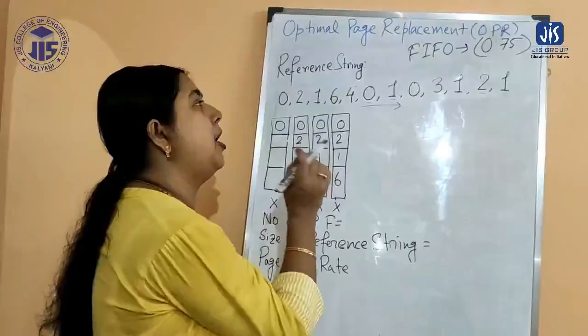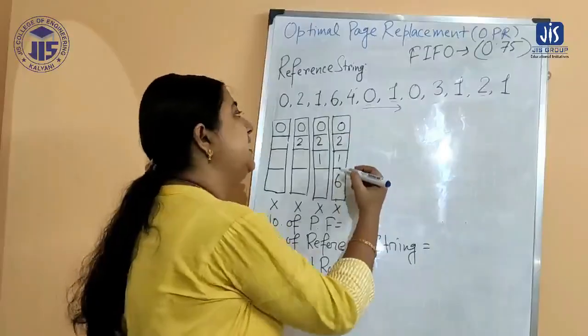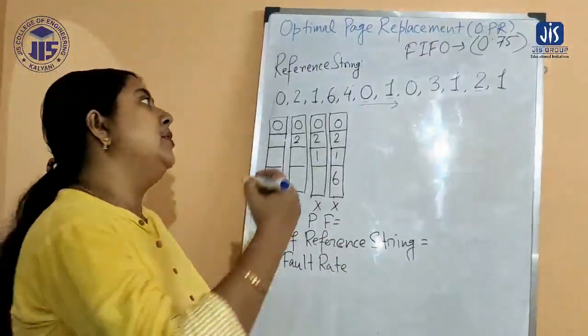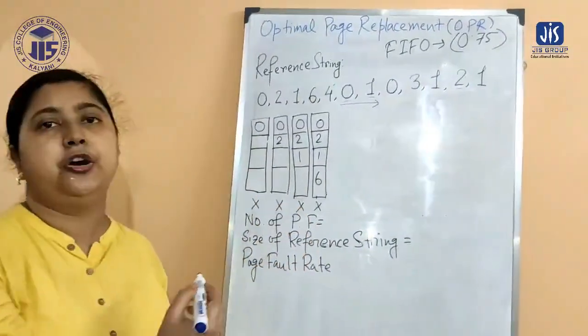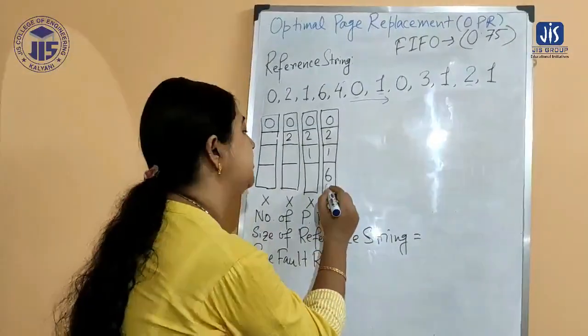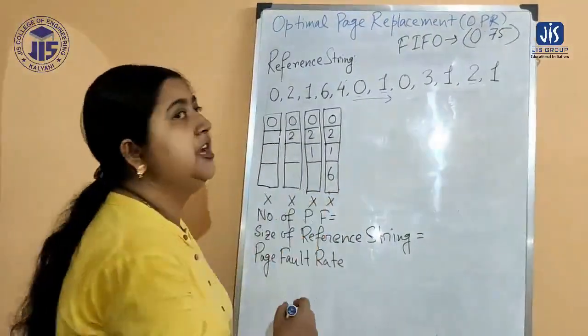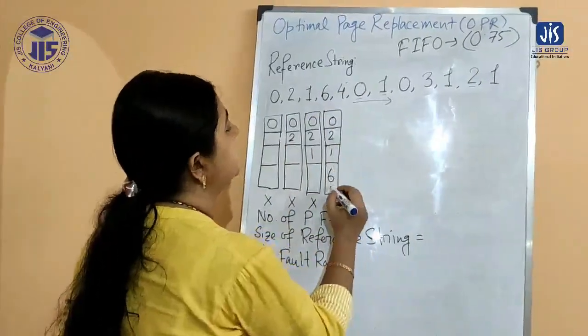So it is optimal to replace 6 with 4, because whenever we replace 6, there is no question of generating a page fault again for this page, because the 6th page is not going to be used in future. So I am going to just replace 6.